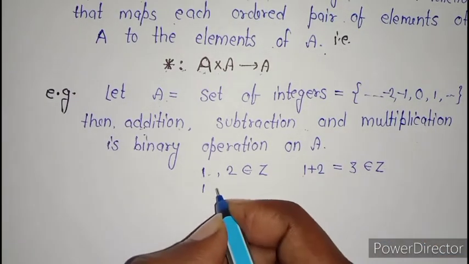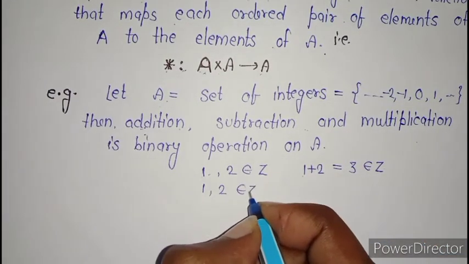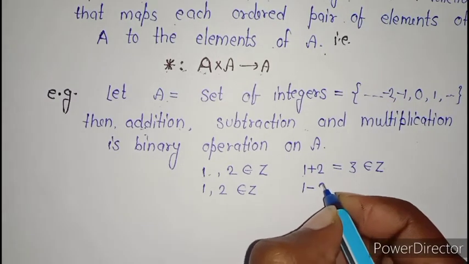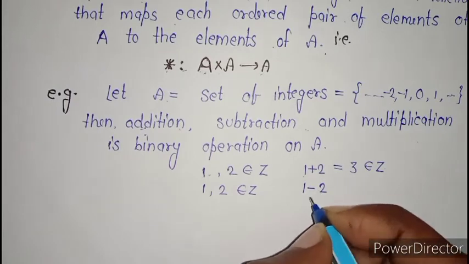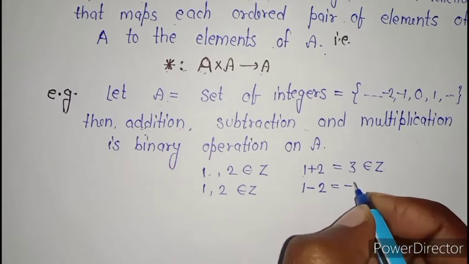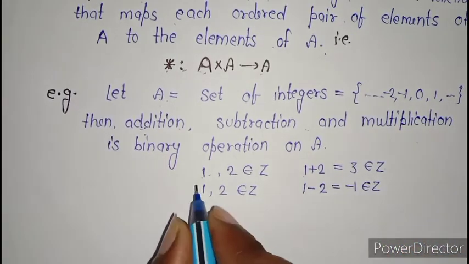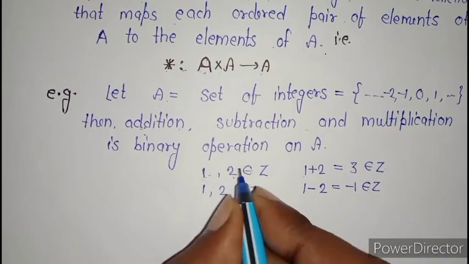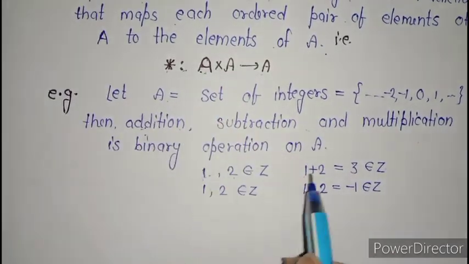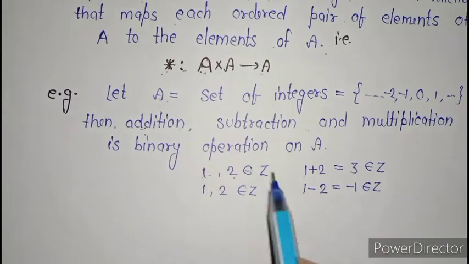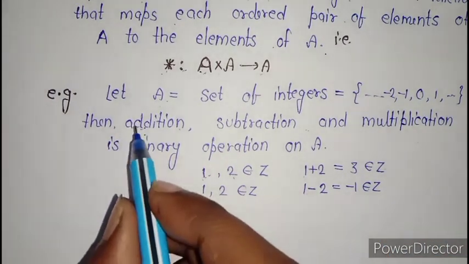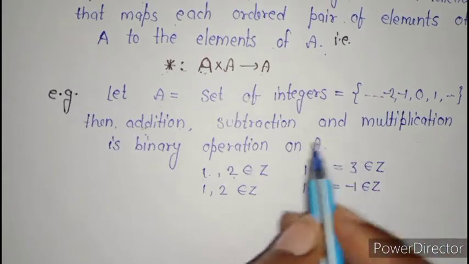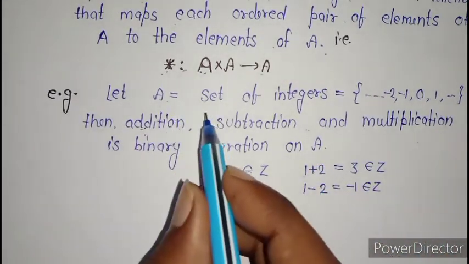Again, if we take 1 and 2, the same integers, and apply subtraction as the binary operation here, then 1 minus 2 is minus 1, which is again an integer. So we can see, if we take any two elements of the set A and apply the binary operation on those elements, then we are getting again an element of Z. So these operations are binary operations on the set A, that is the set of integers.